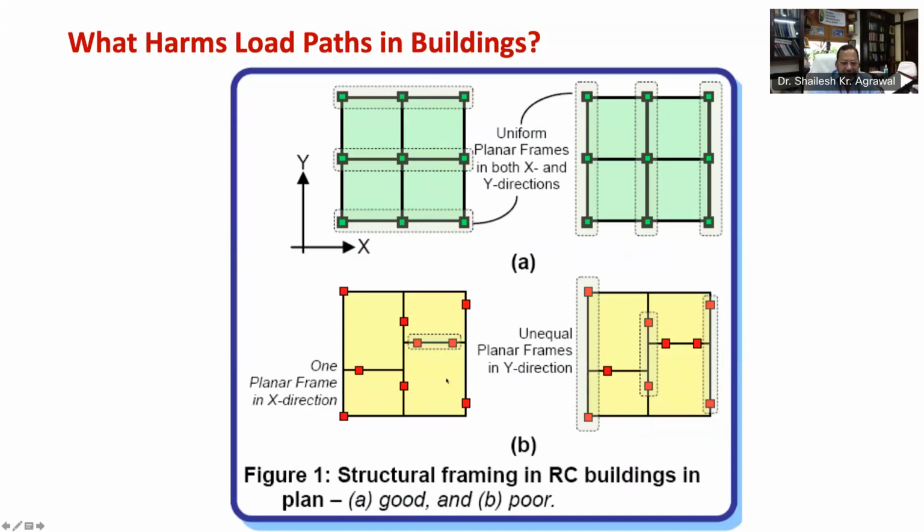While in figure 1B, the building has irregular beams and columns layout consisting of small MRF in X direction, as shown in the left picture of 1B, and limited frame action in Y direction, as shown in the right hand side picture of 1B. This is not acceptable for earthquake resistant design.